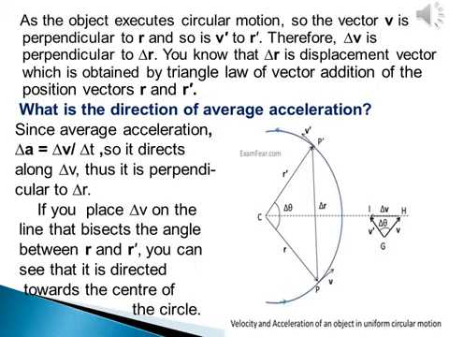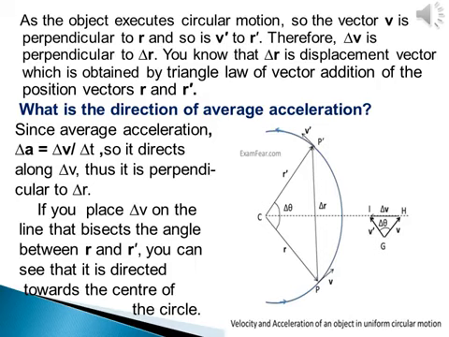What should be the direction of average acceleration? Since average acceleration delta a is equal to delta v by delta t, where delta v is the average velocity vector, it is directed along delta v.